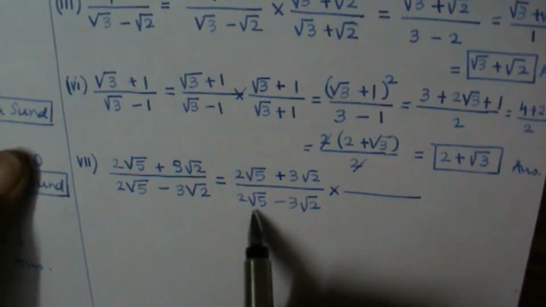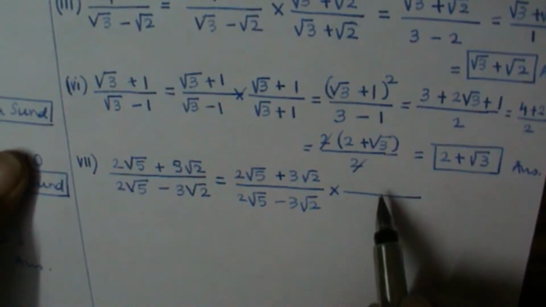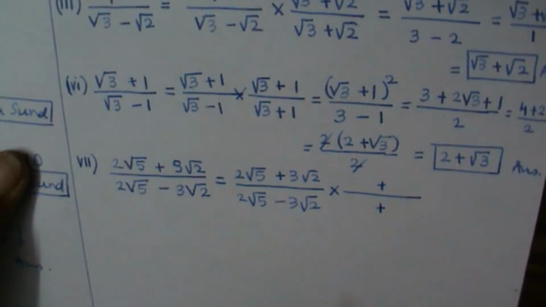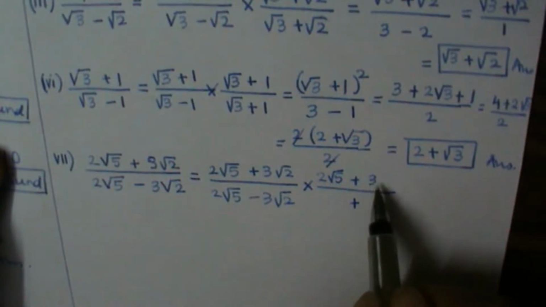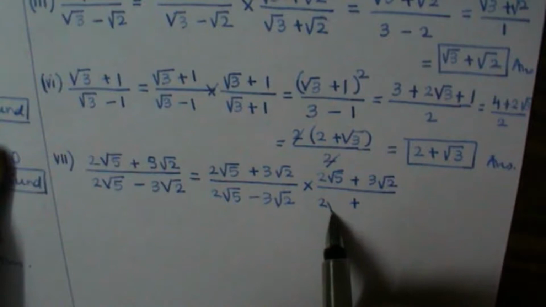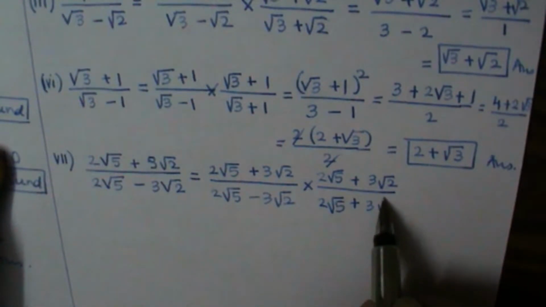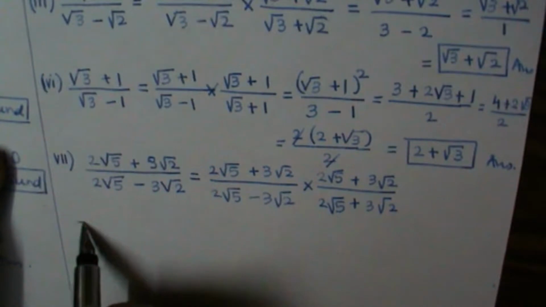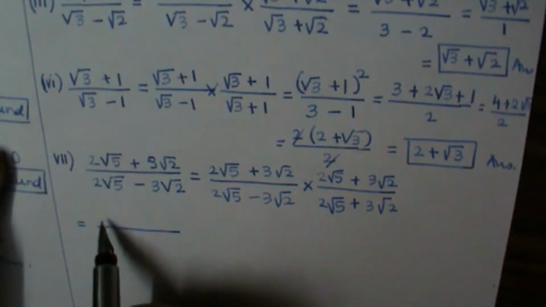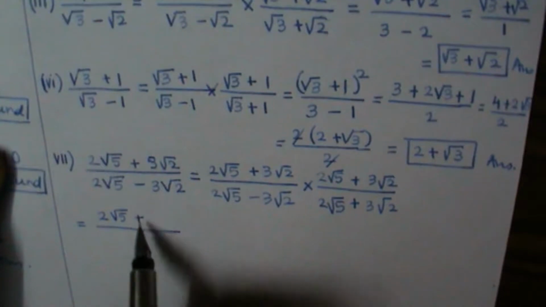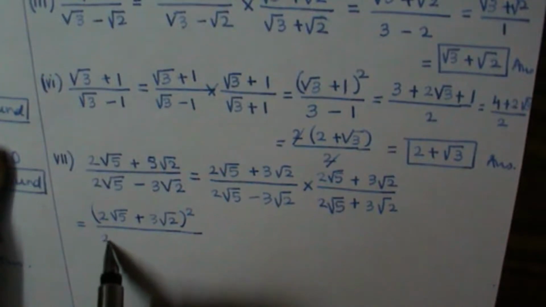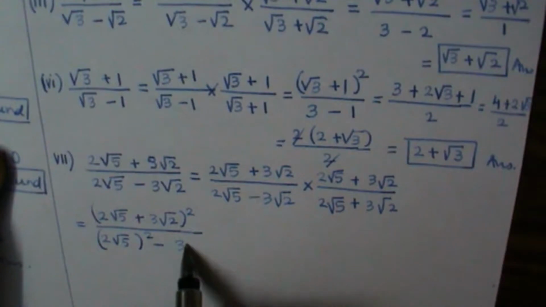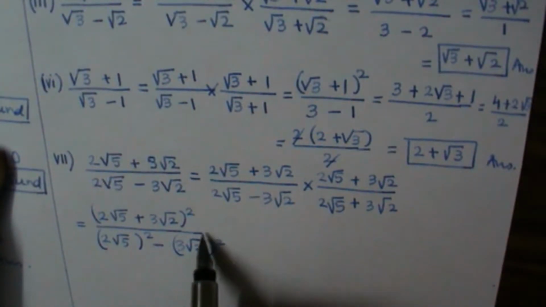Multiply and divide by, there is a minus sign here, so I should put a plus sign here, and that should give me 2 root 5 plus 3 root 2, and that is going to give me in the numerator 2 root 5 plus 3 root 2 whole square upon 2 root 5 whole square minus 3 root 2 whole square.